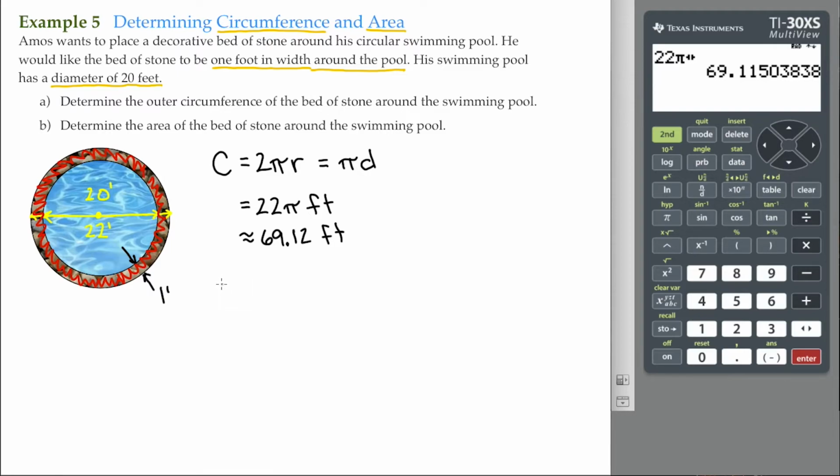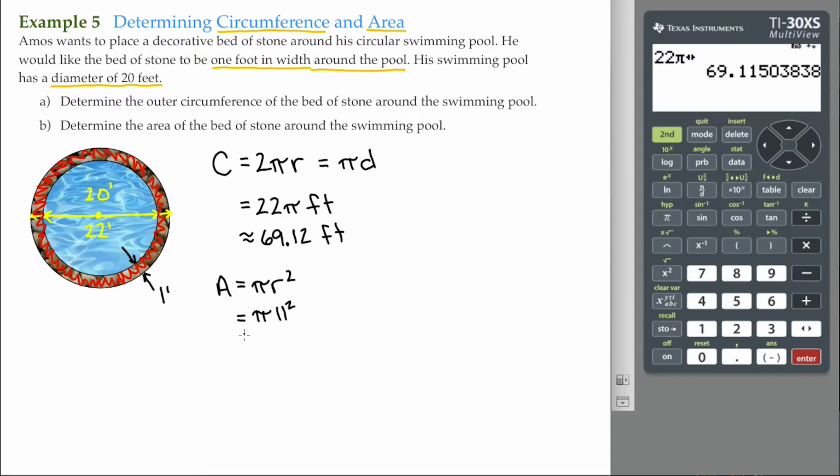So the equation for an area, A, is equal to pi times r squared. So if the radius from one end of the edge of the stone here to the other end here is 11 feet, the radius is half the diameter. So this is going to be pi times 11 squared.